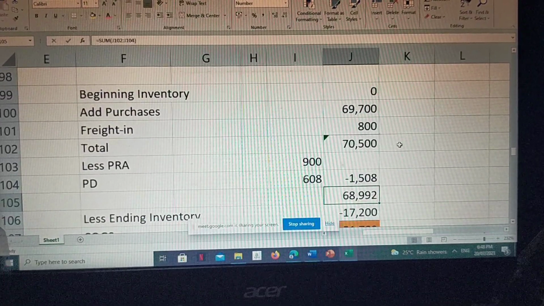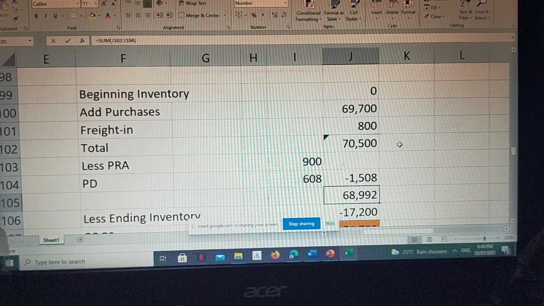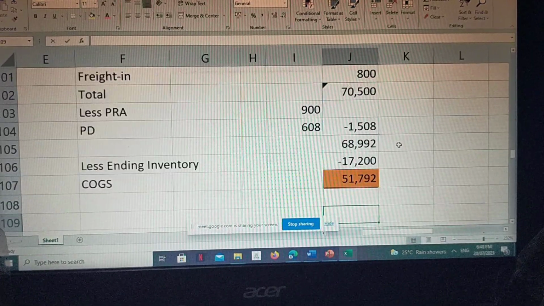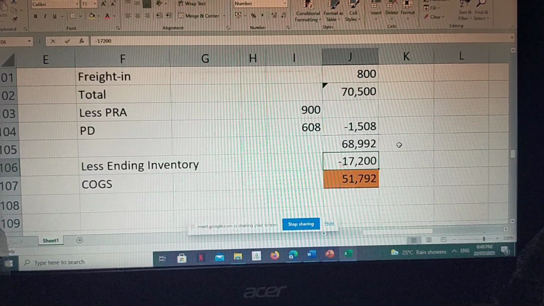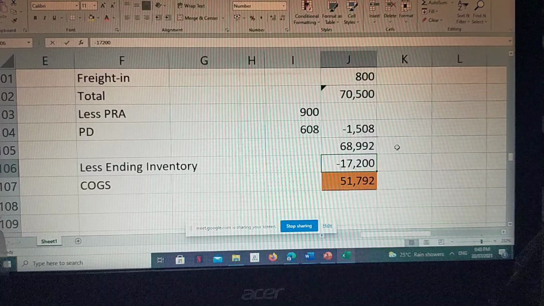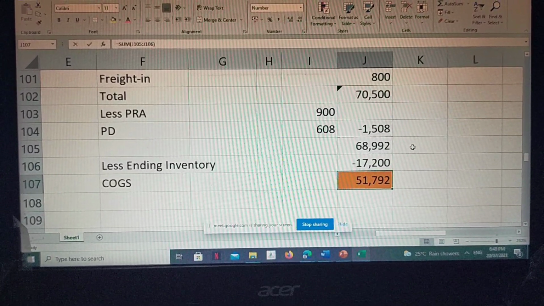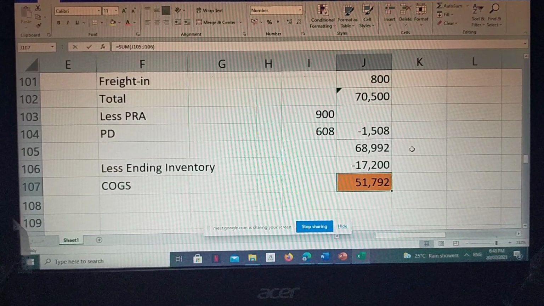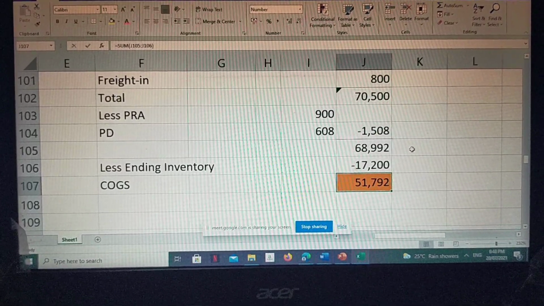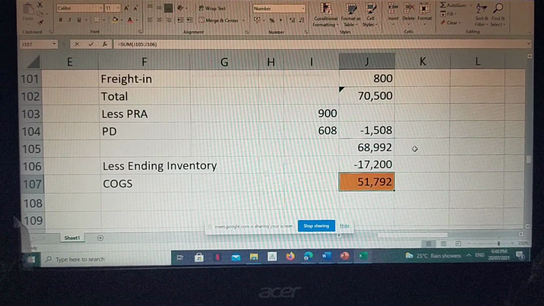So, we got the total of 68,992. And then, deduct also the ending inventory provided by the problem, which is 17,200. You will then arrive at the cost of goods sold, which is 51,792.